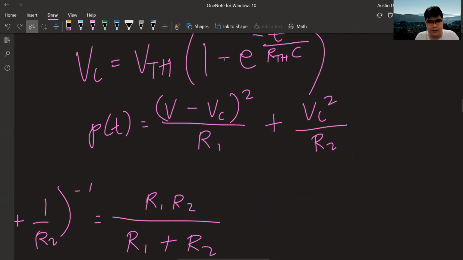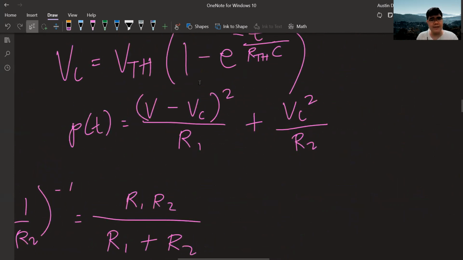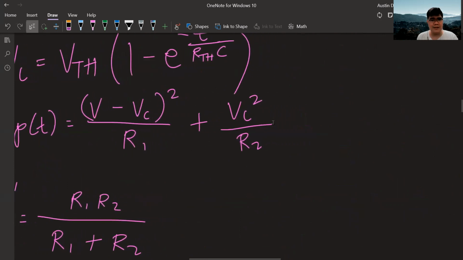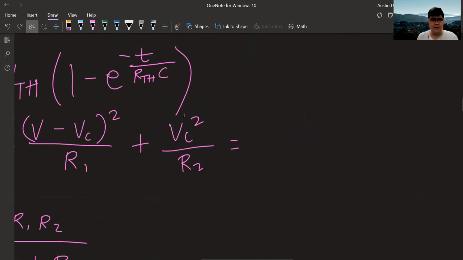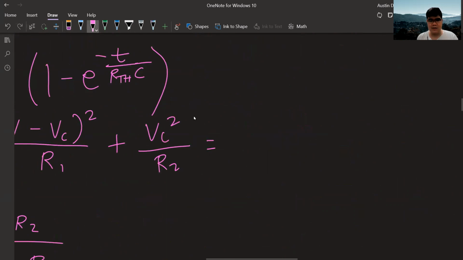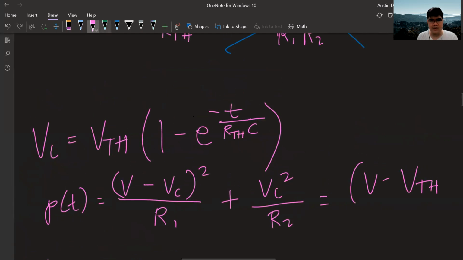Okay, so let's continue. Plug in na natin si VC dito sa mga values natin. So this is actually a very long equation. V minus VTH, V minus VTH. Let me write this down for brevity lang para hindi tayo mahirapan magsulat.